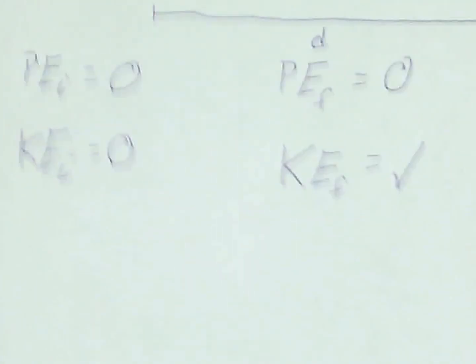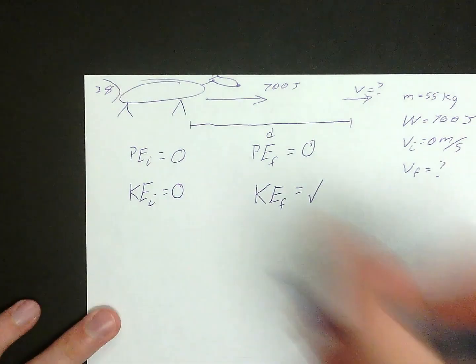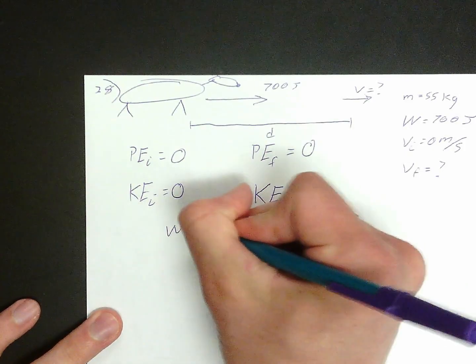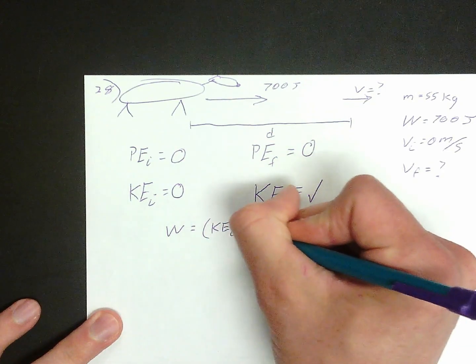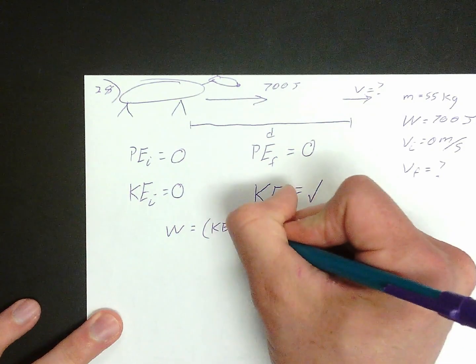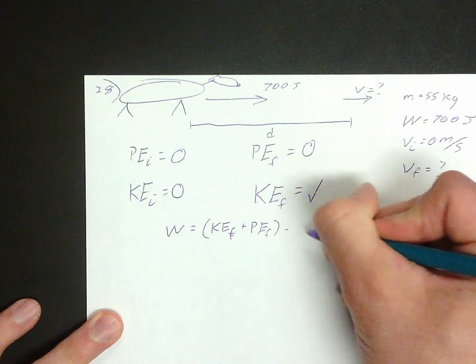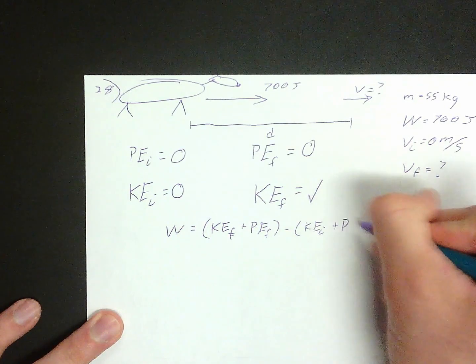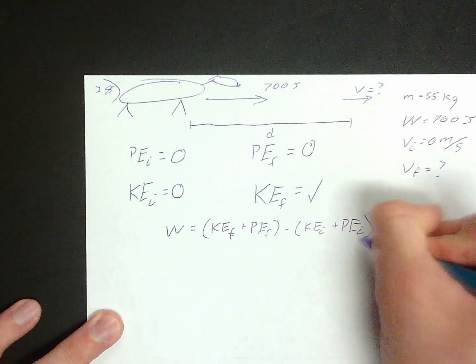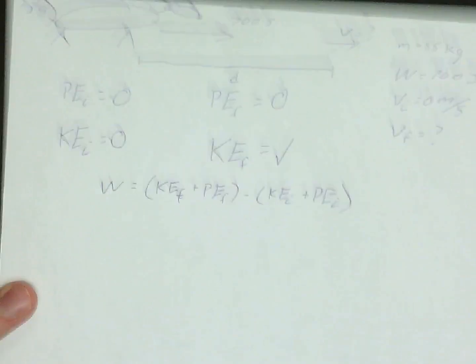So here's the equation: work equals KEF plus PEF minus KEI plus PEI. Okay, work is 700, that's what I got from over here.